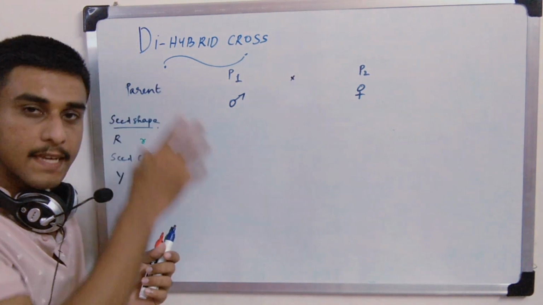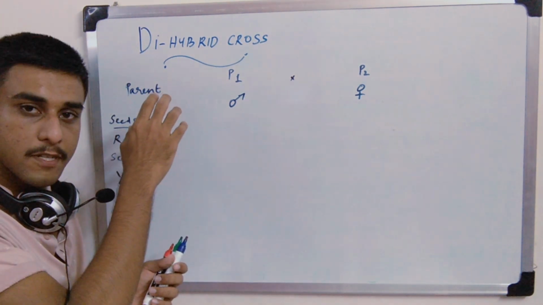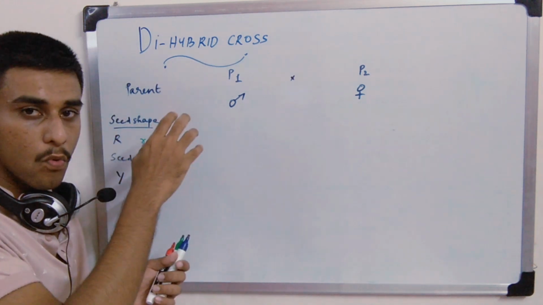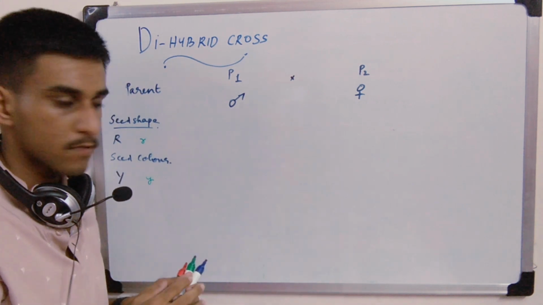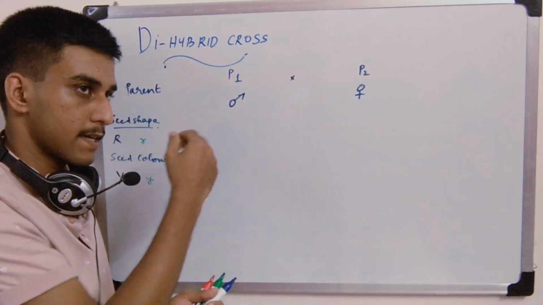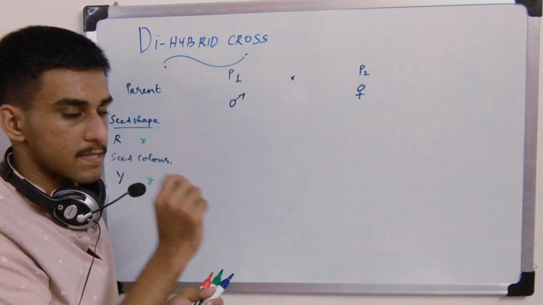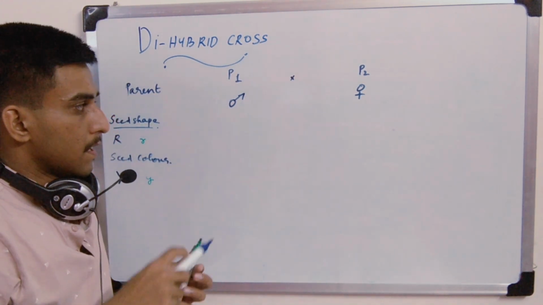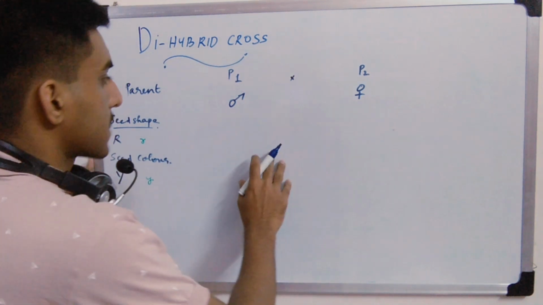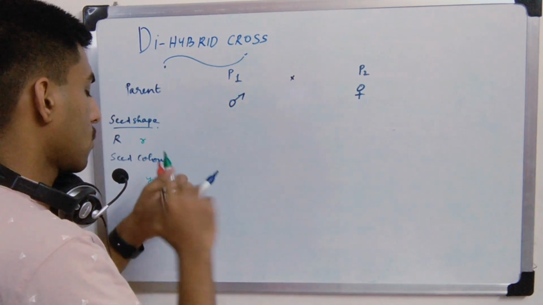So we are studying this particular experiment, and it should be in the particular order which Mendel followed. For this reason we are taking parent 1 as homozygous dominant and parent 2 as homozygous recessive.